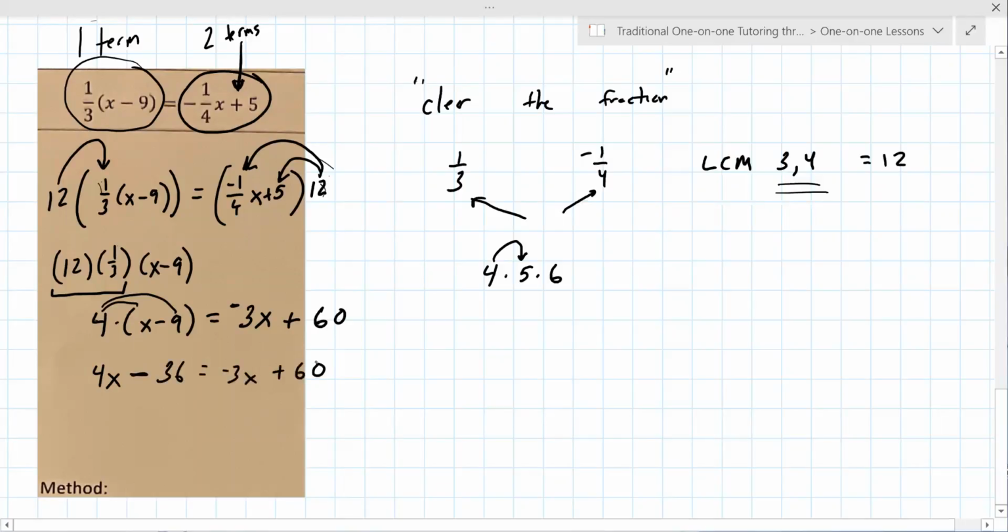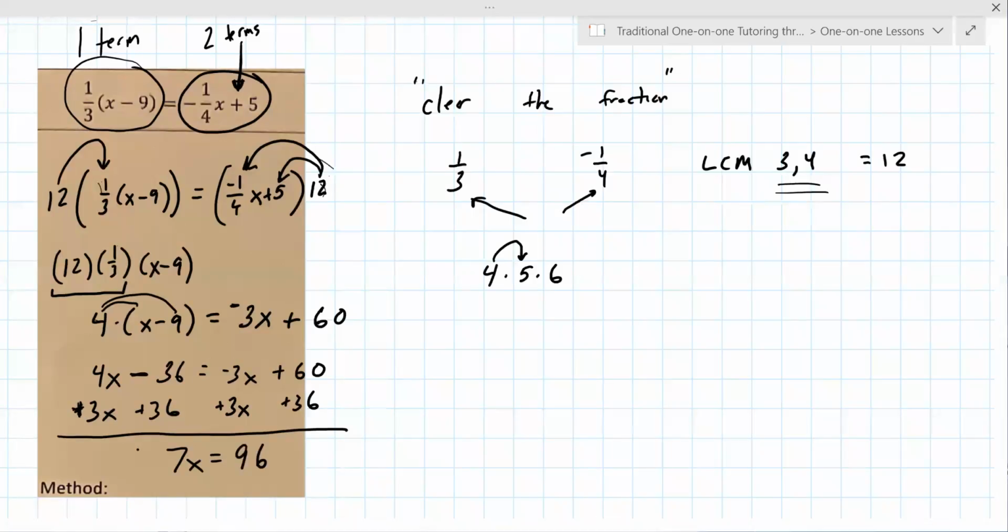All right, so from here, you add 3x to both sides. You already know this. You add 36 to both sides. Okay. So on the left here, what is 4x plus 3x? 4x plus 7x. 7x equals 60 plus 36 is 96.